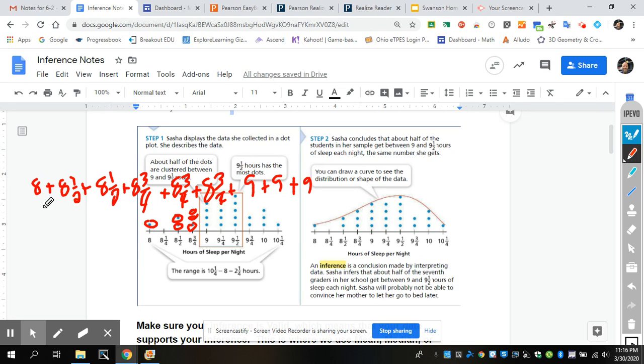Then I'm going to take all of those, add them all up, and divide by however many dots there are. So 1, 2, 3, 4, 5, 6, 7, 8, 9, 10, 11, 12, 13, 14, 15, 16, 17, 18, 19, 20, 21, 22, 23, 24, 25. She asked 25 people. So we're going to divide it by 25. All right, add them all up, divide by 25. That is the average.